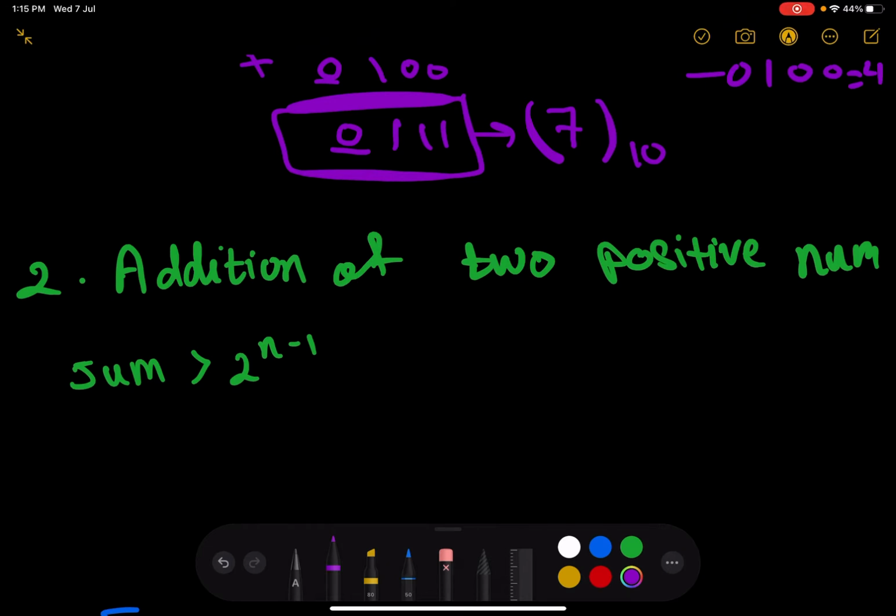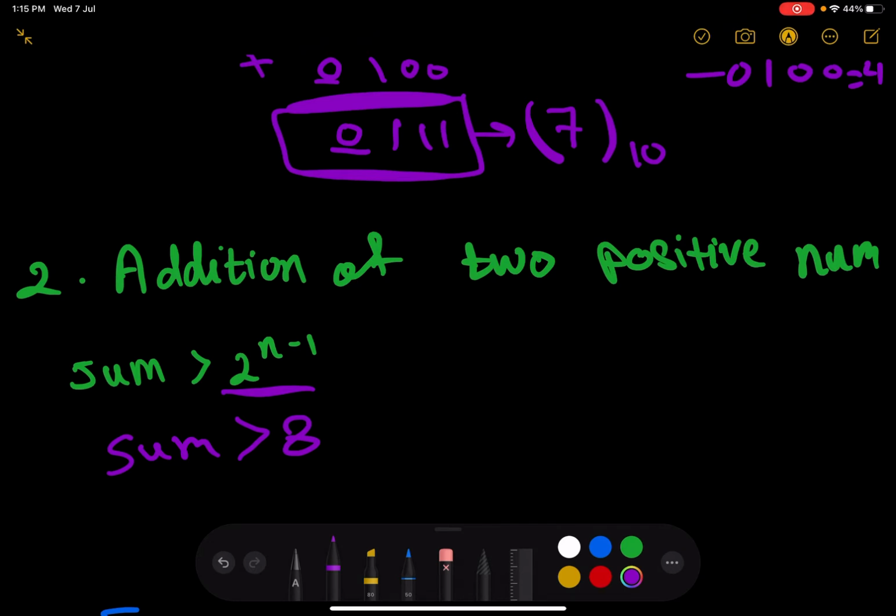Also, all the examples that we're going to go through now deal with binary numbers which consist of 4 bits. So for this case, the sum will be greater than 8. If the sum is greater than this number, an overflow will occur and the result will be wrong.